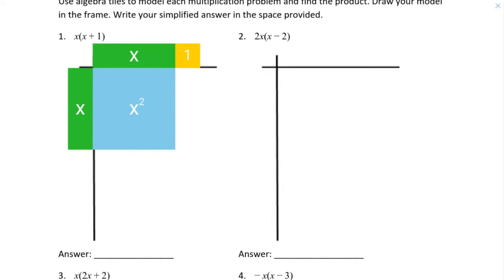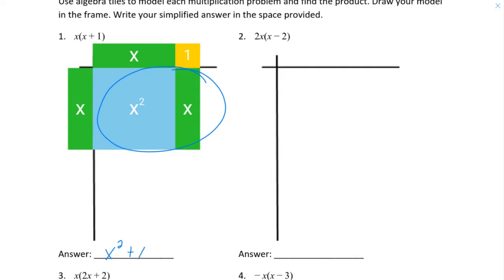And then what we have left over here is just a long rectangle, which would be represented by an x, which I'd place there. When we're trying to find our answer, we look at what's inside of that T. This is our product, which is x squared plus x.